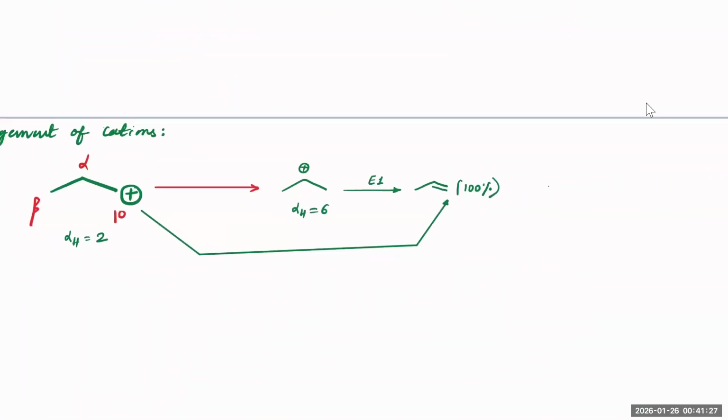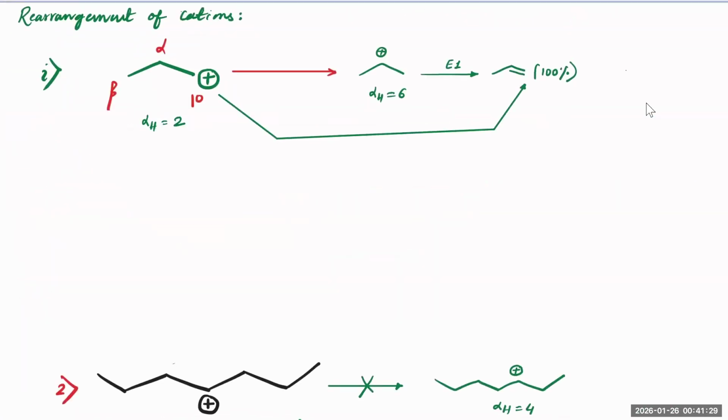Now coming back to the starting, what exactly is the mechanism? If you notice here, we basically have carbon, hydrogen, hydrogen connected with CH2 with an empty orbital like this. And that's when H minus completely transfers to this position.